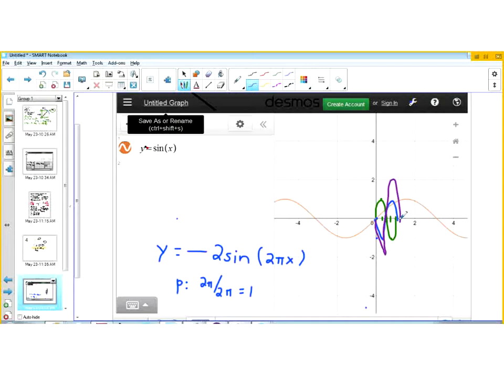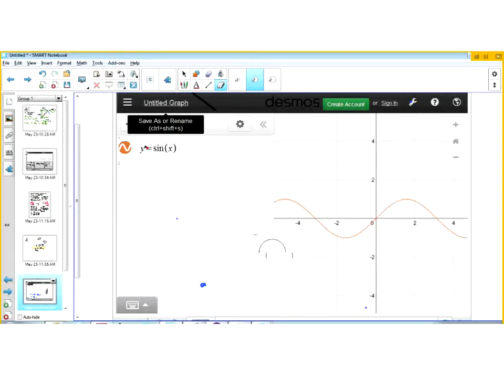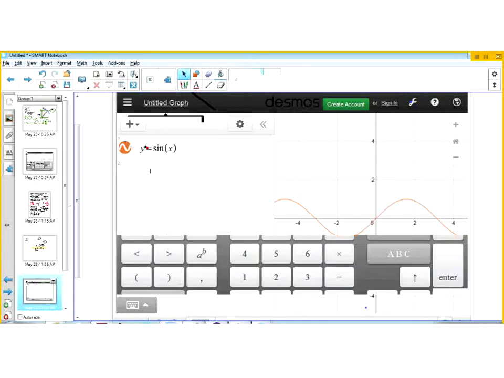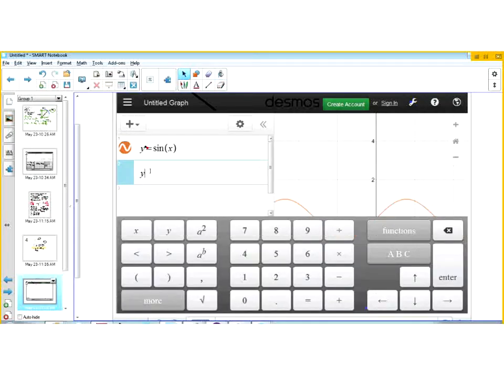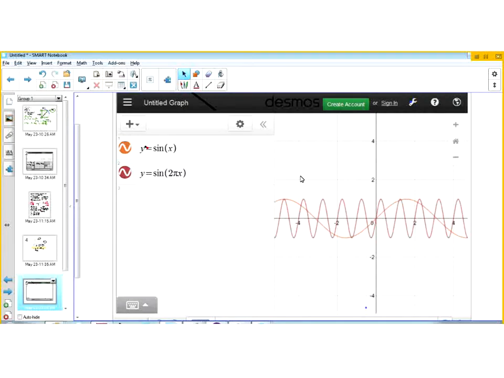I guess what's interesting is that the x-axis is rescaled. It's no longer in terms of pi. Okay, so we can verify that using the computer. The first one was y is equal to sine of 2 pi x, and that's shown in red.